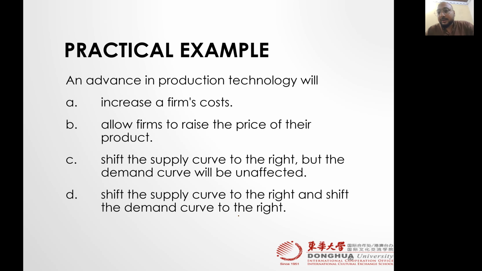An advance in production technology will A, B, C, D. What is the answer here? D. Any other?